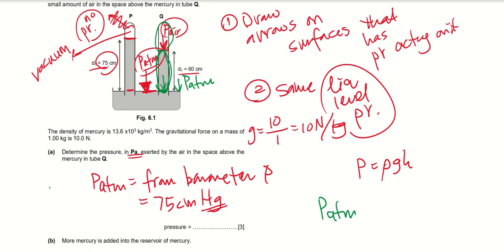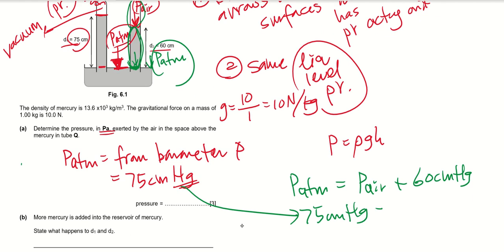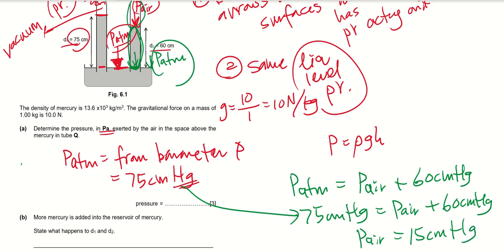PATM, which is this, is equal to P air plus 60 cm of Hg. Since PATM is 75 cm Hg, I substitute it in. From barometer P, 75 equals P air plus 60 cm Hg. That means my P air is 15 cm Hg. If you do your math, you subtract.